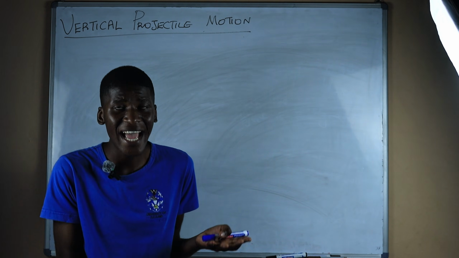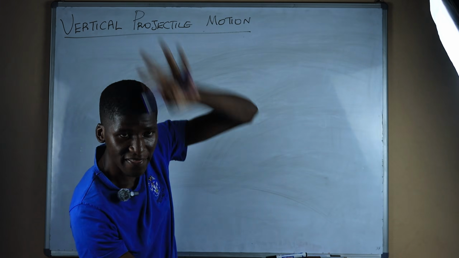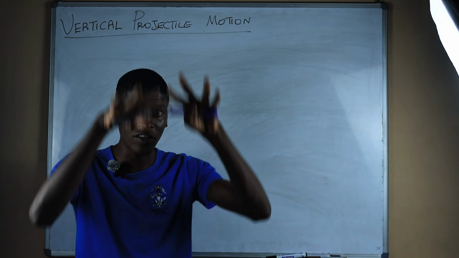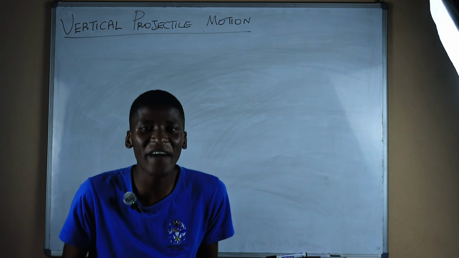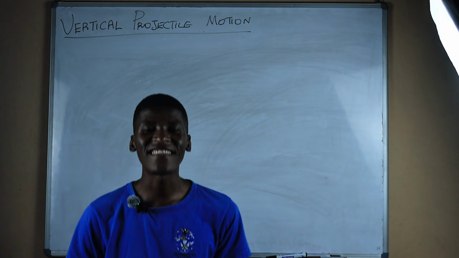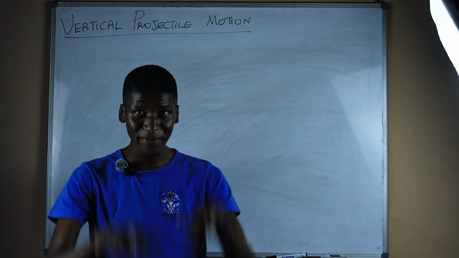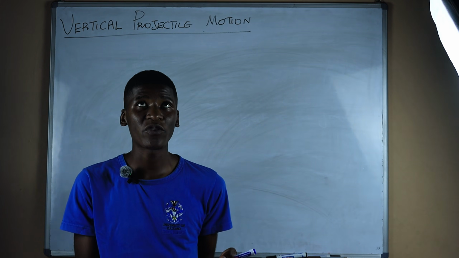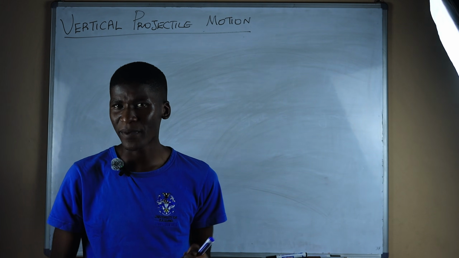For example, I throw the object up and then gravity pushes it down. Imagine the force of the earth pushing the object down. If I jump up, the gravitational force brings me back down to the earth. It's a similar approach, but this time when I throw an object up, it comes back to my hand.